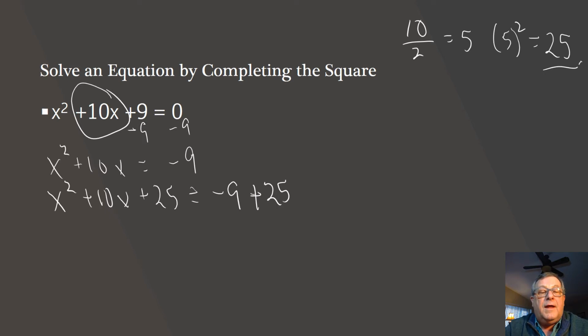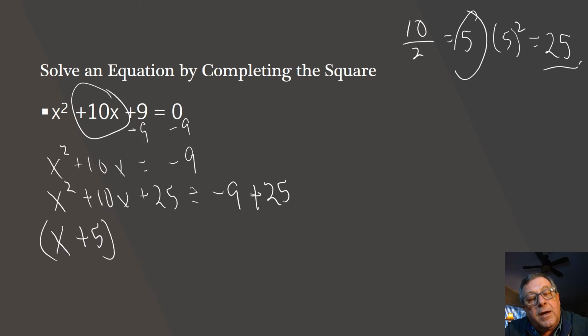Now, I'm going to go on the left side, I'm going to go ahead and factor this, and I know what my factor is. It's positive 5. So I've got x plus 5, and I'm going to cut out that one step. Hope that doesn't confuse you, because I'm going to have x plus 5 times x plus 5, which is x plus 5 squared, and that equals, let's see, negative 9 plus 25 is going to give me 16.